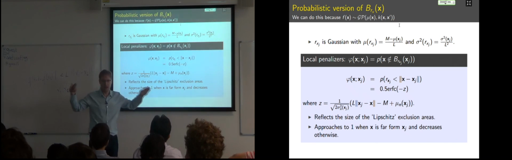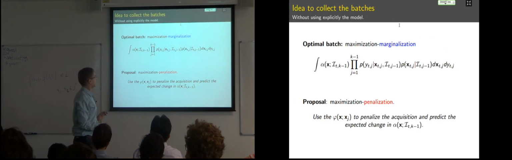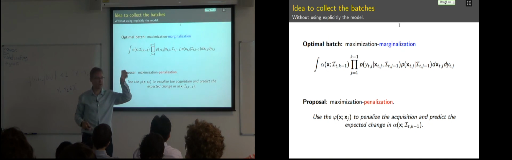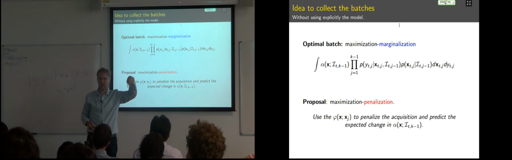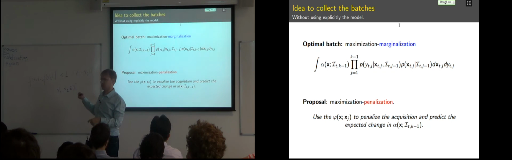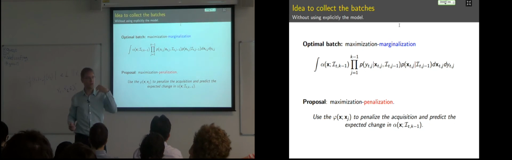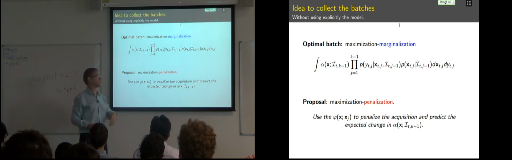So these will be penalizers of the acquisition function, I anticipate. Essentially, these functions represent our beliefs about where the maximum of the function is, using this property of the function that we had at the beginning, but without using explicitly the GP that we have.